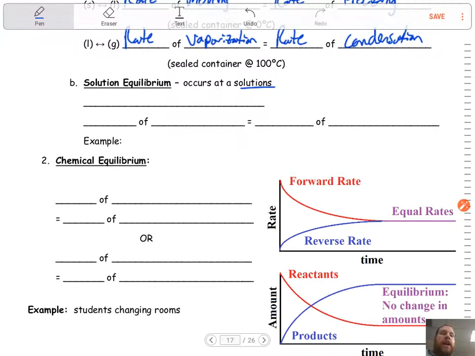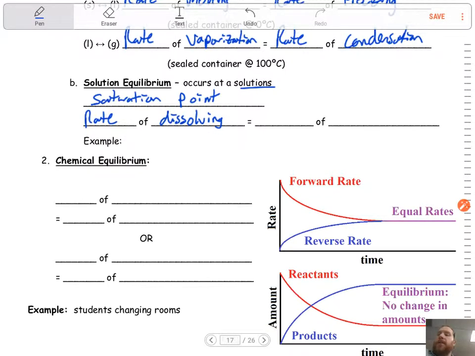Now, the other type of physical equilibrium is solution equilibrium, which occurs in solutions. Go figure, right? This is what's called the saturation point. We've talked about saturated solutions and unsaturated, something we're going to come back and review a whole lot more of when we do our Regents prep for sure. All right, saturation point, this is where you have the rate of dissolving, okay, so things you put in are breaking down into smaller particles or becoming ions.